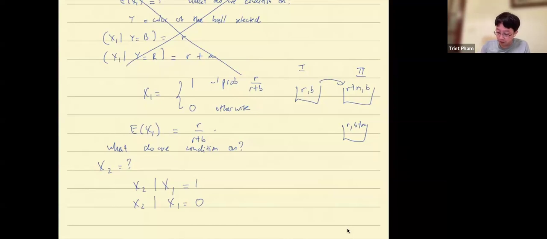If you pick the first red, then X2 will become 2 with what probability? You will pick another red with probability R plus M over R plus M plus B.